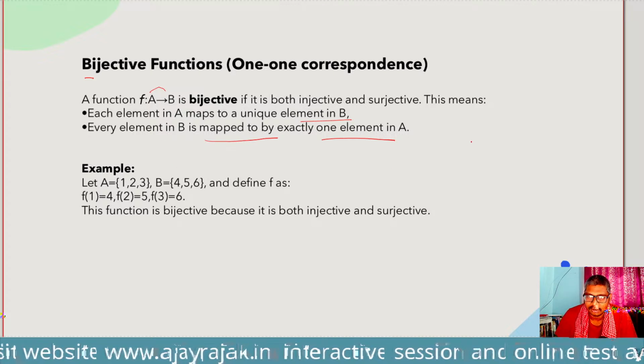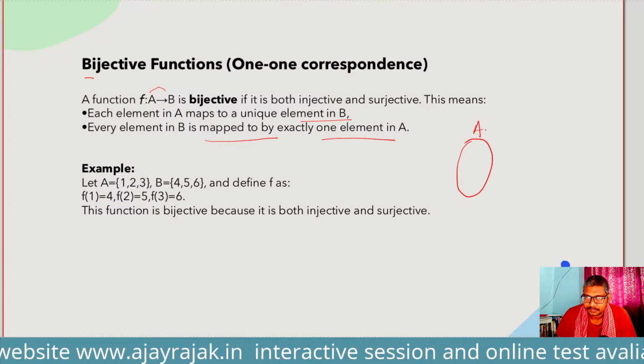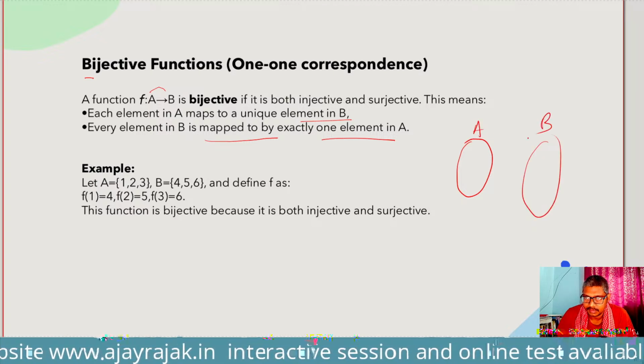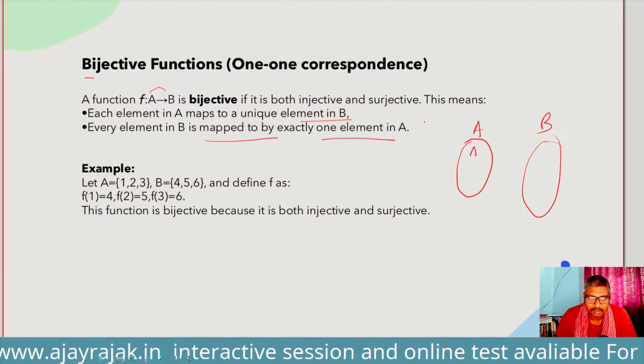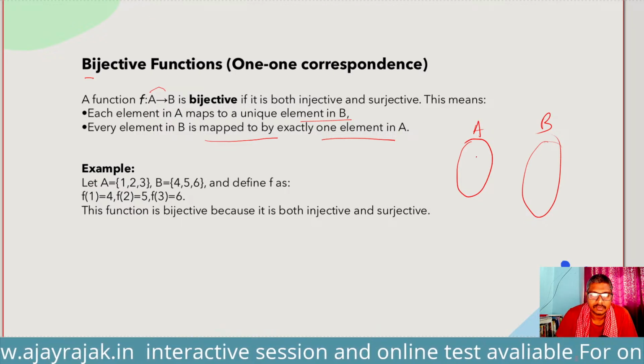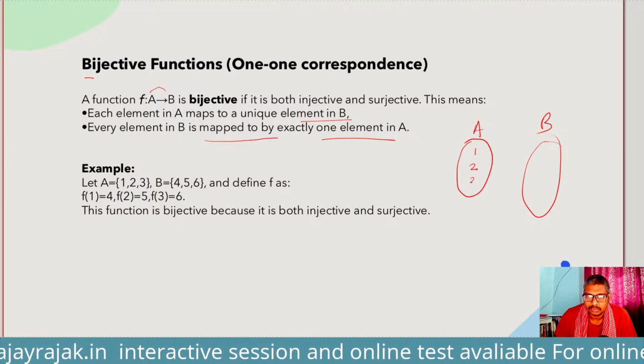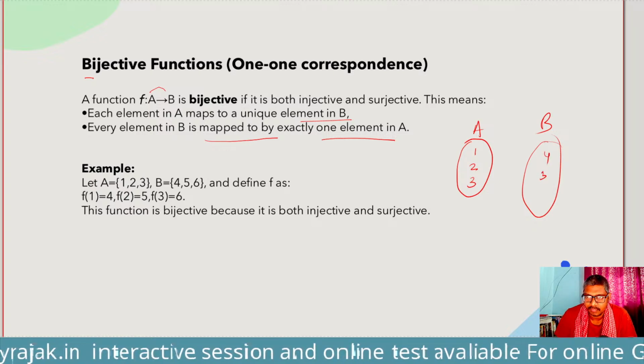You can see here we have A and B. I am just showing the diagram mapping. The elements are 1, 2, 3, and here 4, 5, 6.